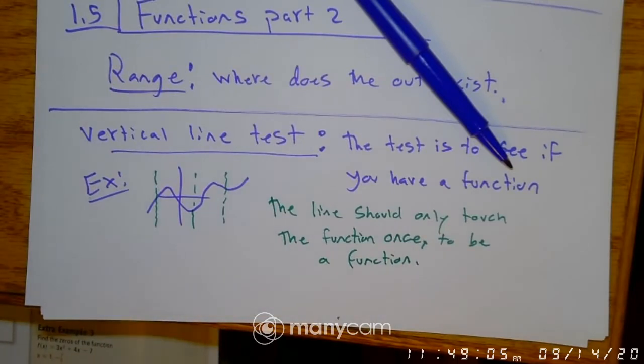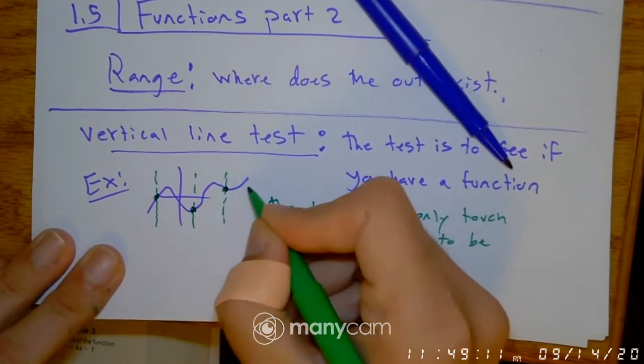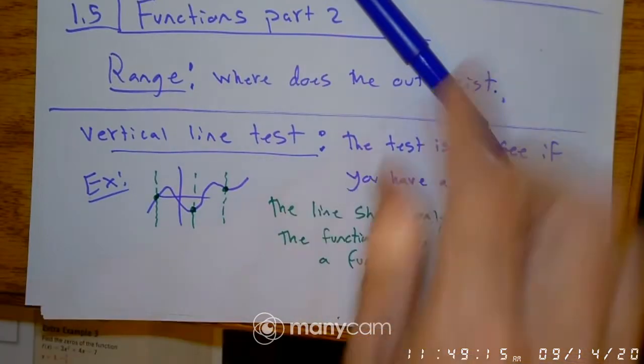Okay, so the line should only touch the function once to be a function. So as you can see in this one, it touches it only once. And if I were to go back and forth like a scanner, it should only have one output.